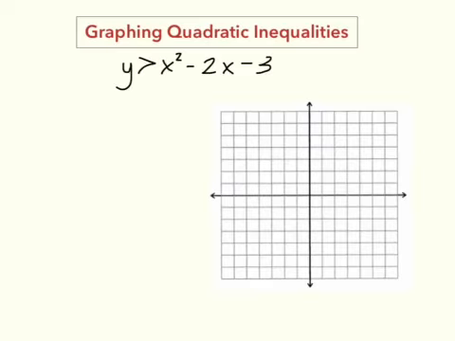Okay, the first thing we want to do is just graph the parabola. So we're going to take this and graph it. Now you know how to find the vertex. We've done it before, so I'm not going to go over that here. But your vertex is (1, -4). So we can go ahead and plot that here. And then we've learned how to move with the pattern.